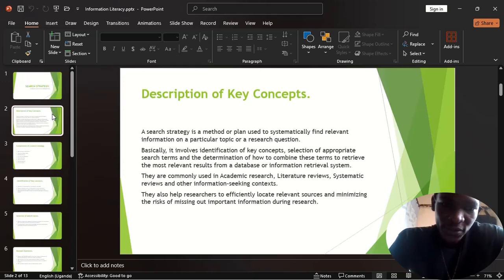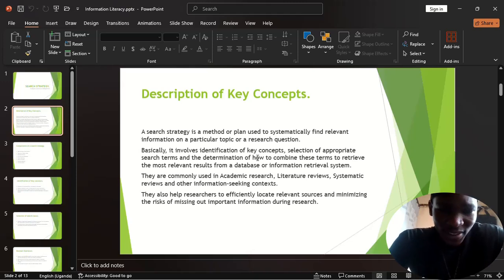That's a brief definition. Basically, it involves the identification of key concepts, the selection of appropriate search terms, and the determination of how to combine these terms so that you are able to retrieve the most relevant results from a database or an information retrieval system.